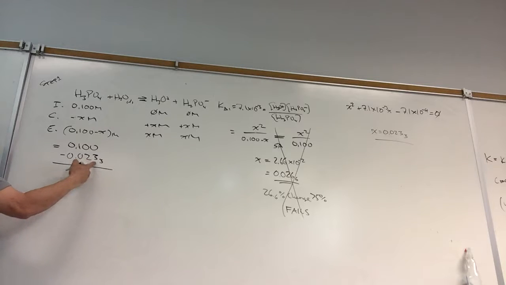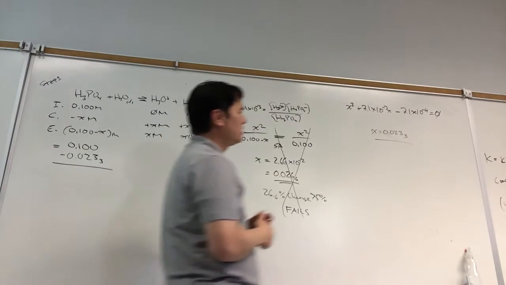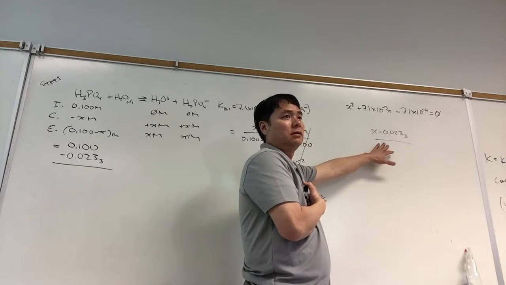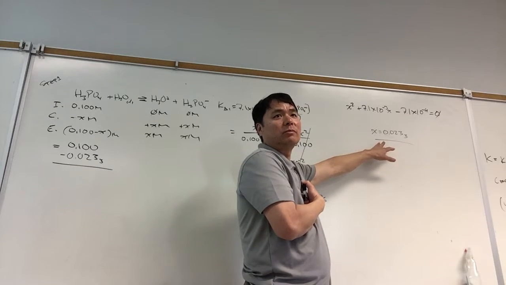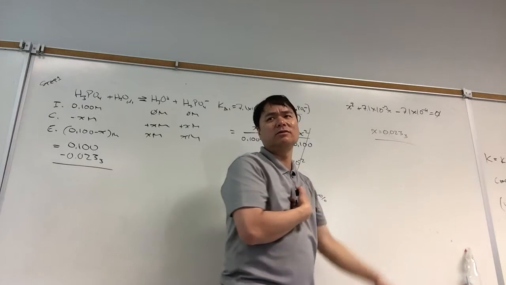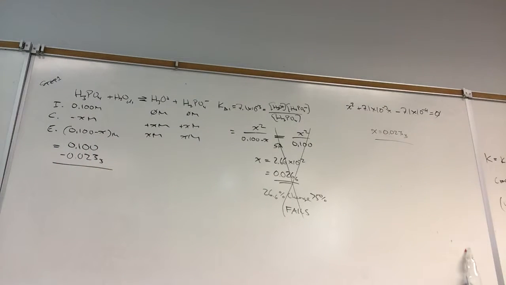This is a 23.3% change, or 23.3% ionization, or 23.3% hydrolysis. But wait a minute, 23.3% is too big, isn't it? But it's no problem. It is a 23.3% change because we didn't use any kind of assumption here. We just calculated the actual percent.